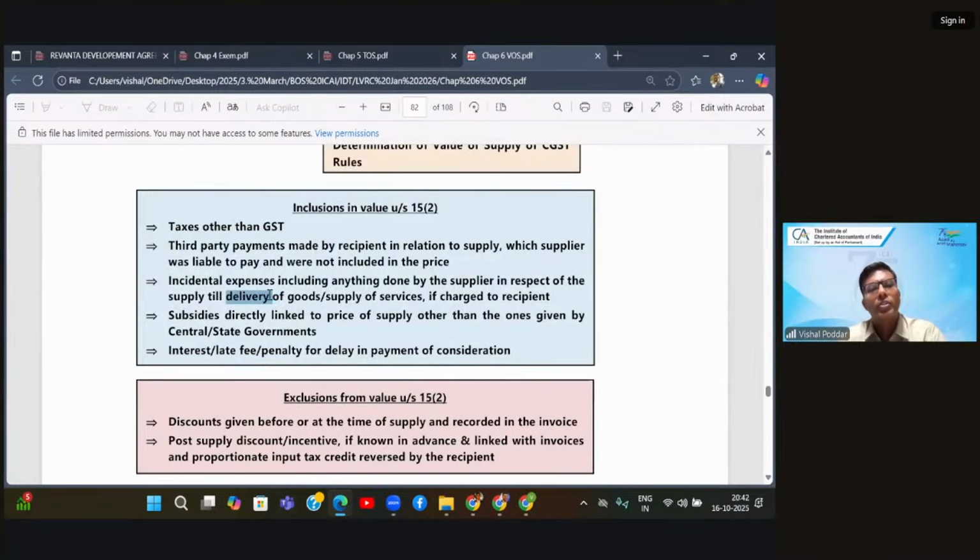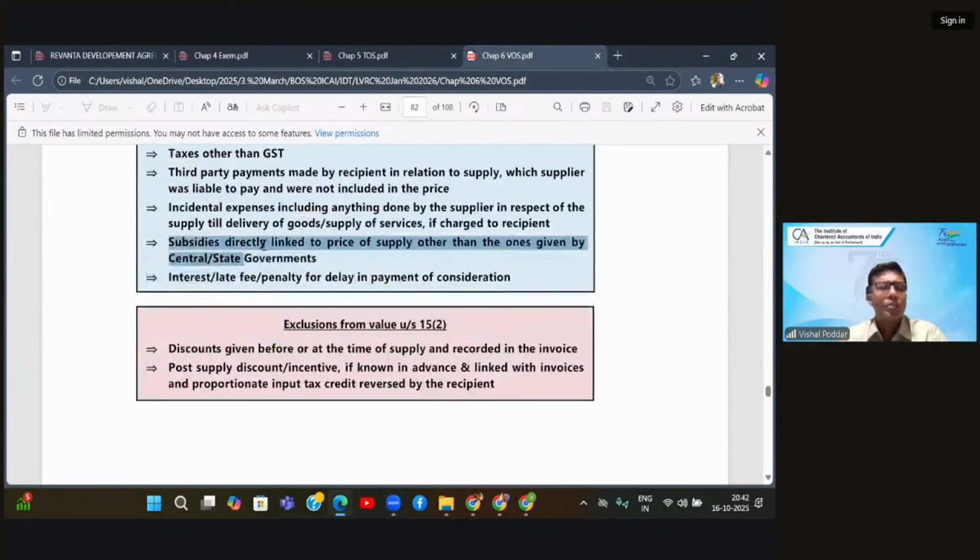So these are the extra costs which the supplier is incurring on behalf of the recipient, and which it is recovering from the recipient by charging it extra. So whatever is the extra amount which the supplier charges and recovers from the recipient, that has also to be included in the price.